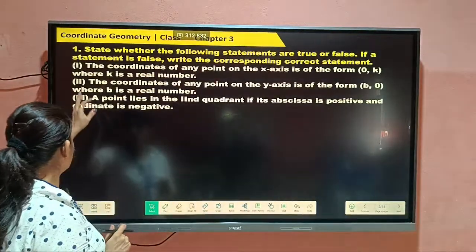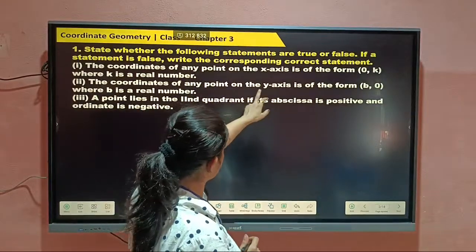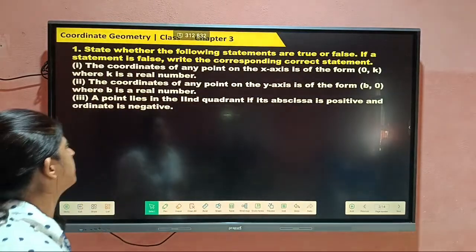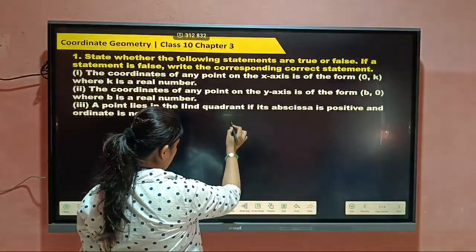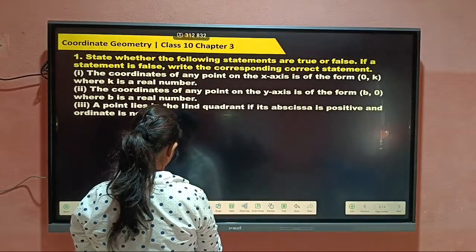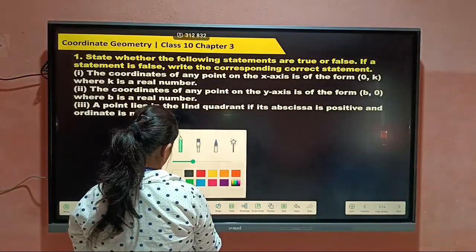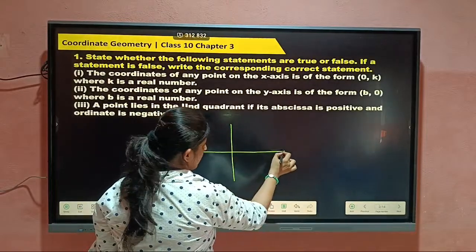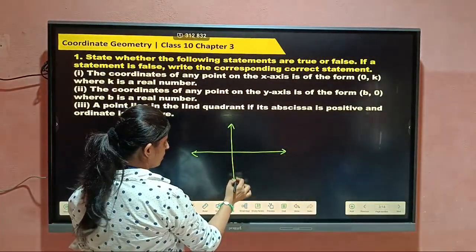Okay. So first point is the coordinates of any point on the x-axis is of the form 0k, where k is a real number. The coordinates of the point on the x-axis. Look, you know that this is x-axis, this is y-axis, this is origin.